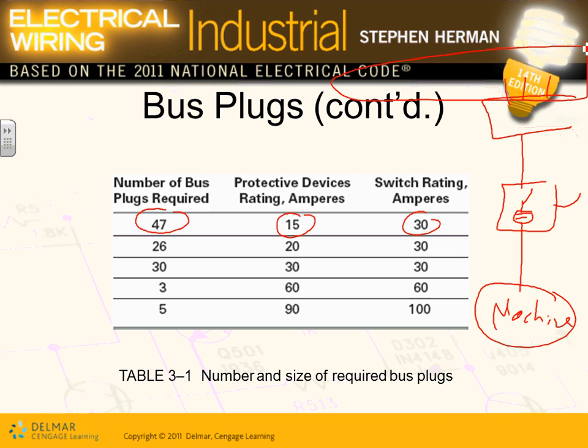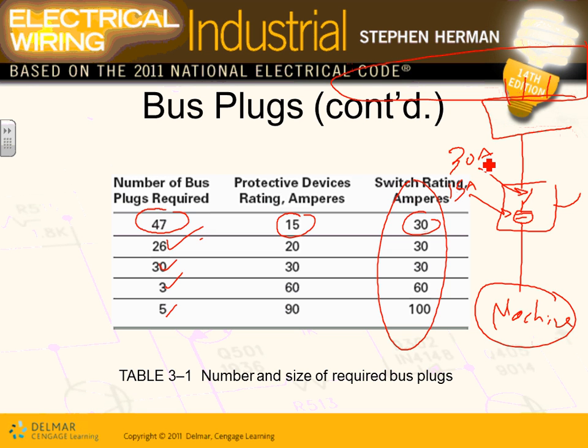And look at that. 26, 33, and 5 of 20, 30, 60, and 90 amp machines. And look at the disconnect that goes with it, guys. The disconnect size goes from 30 to 60 to 100. And Derek, my friend, you do have the sizes for the disconnect right here in the wall. My fuse right here, gentlemen, is 15 amp and my disconnect is 30 amp.